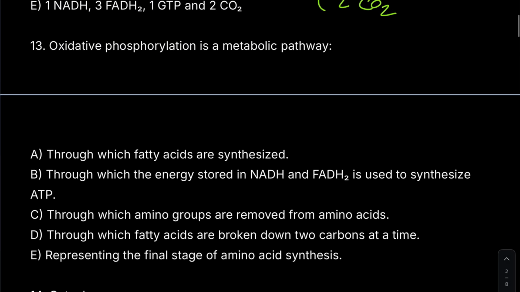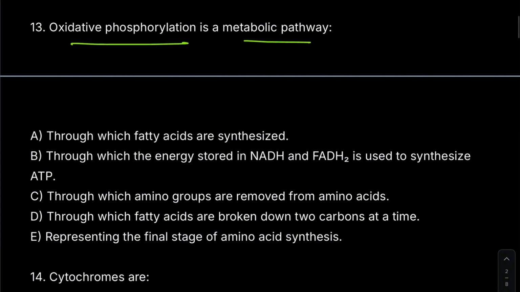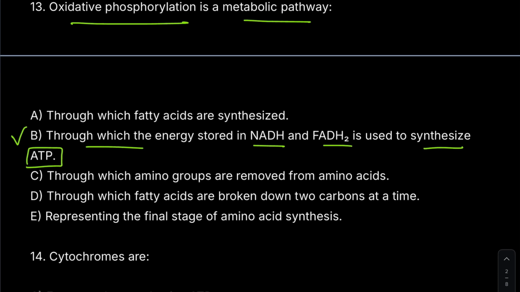So, question number 13. Oxidative phosphorylation is a metabolic pathway, the correct answer is B, through which the energy stored in NADH and FADH2 is used to synthesize ATP. So, oxidative phosphorylation occurs where, guys?